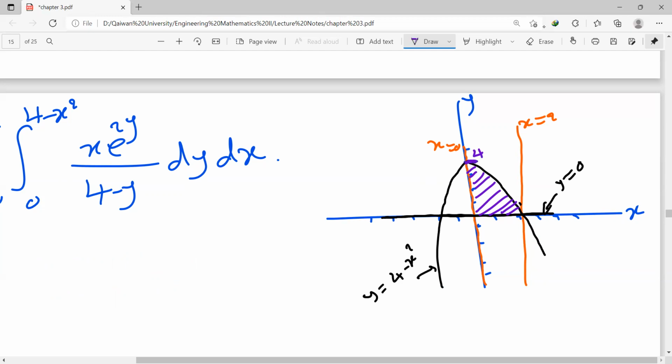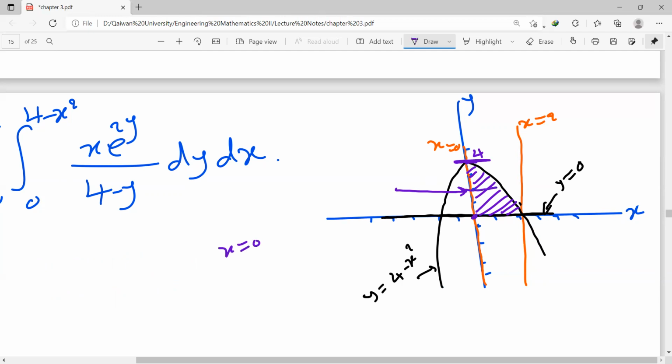That means the graph vertically goes from 0 to 4. Horizontally it goes from 0 to that graph, to this one. If you go through the region in this direction, where do you enter the region? At x equals 0.